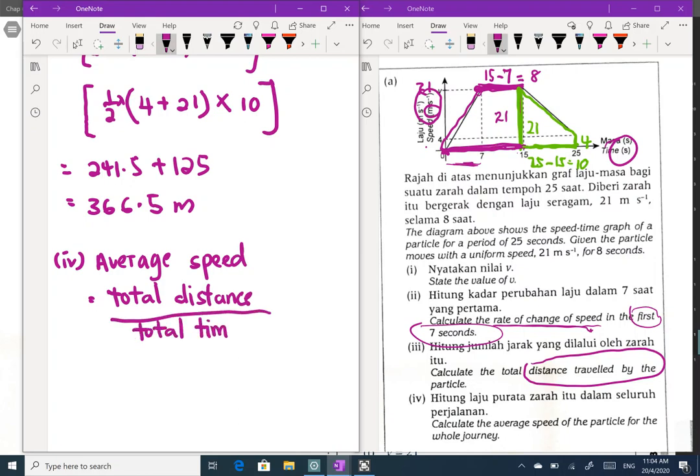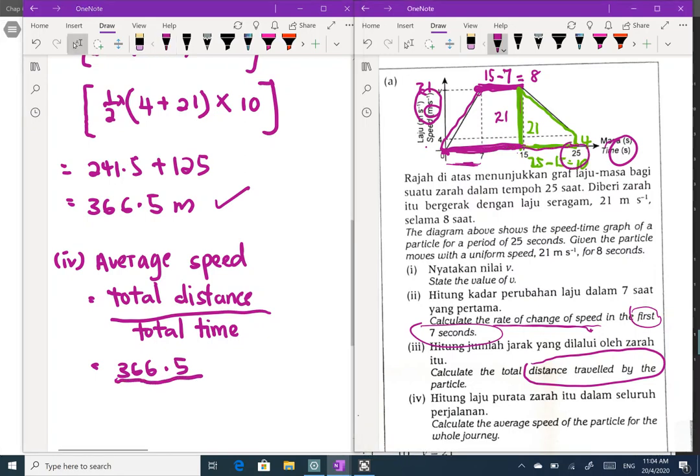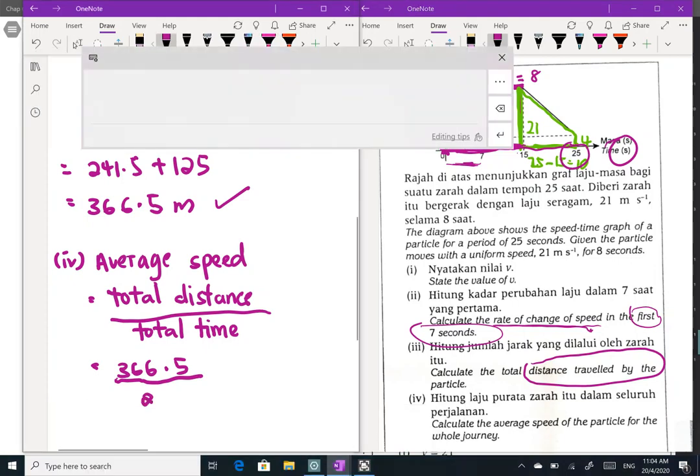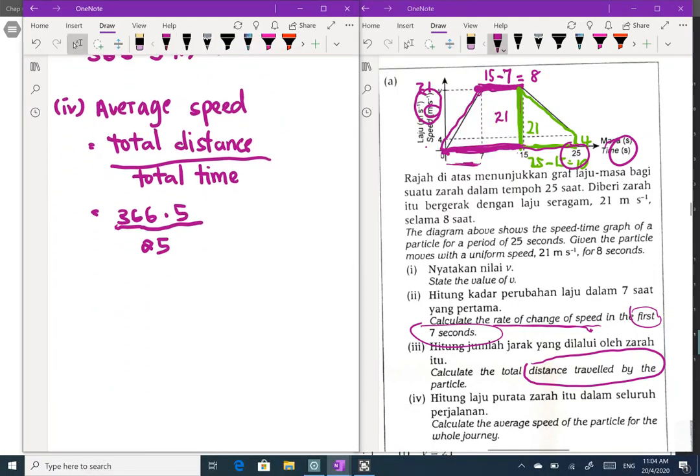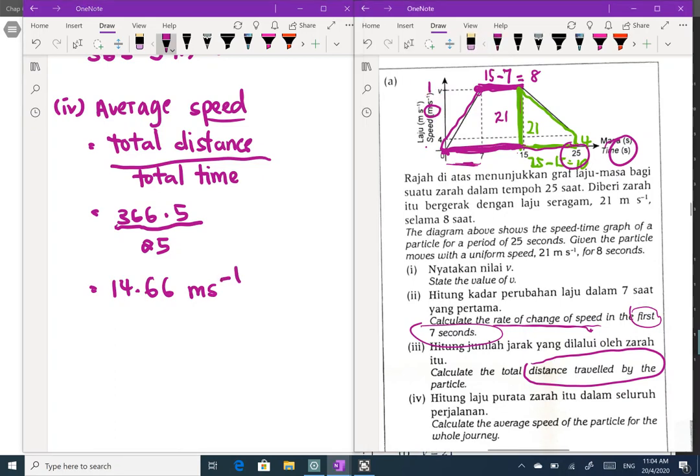Total distance I get from 3, 366.5. Total time is 25. So you will get 14.66 ms^-1.